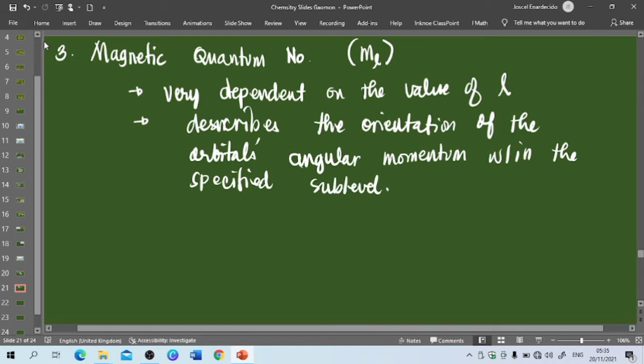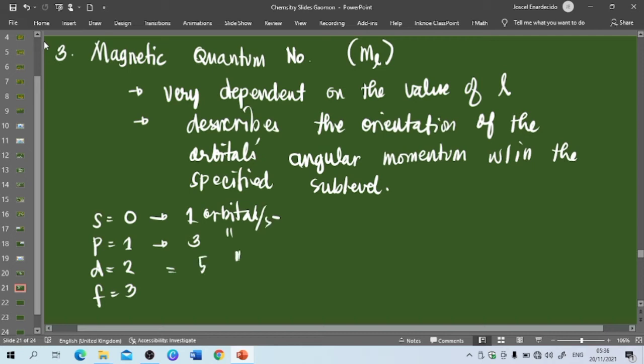Now, let's go back to the angular quantum number or the azimuthal quantum number. If you can still remember, the value for the angular momentum of S is 0, for P is 1, for D is 2, for F is 3. Now, the S sublevel is composed of one orbital only. The P has 3 orbitals. The D has 5 orbitals.